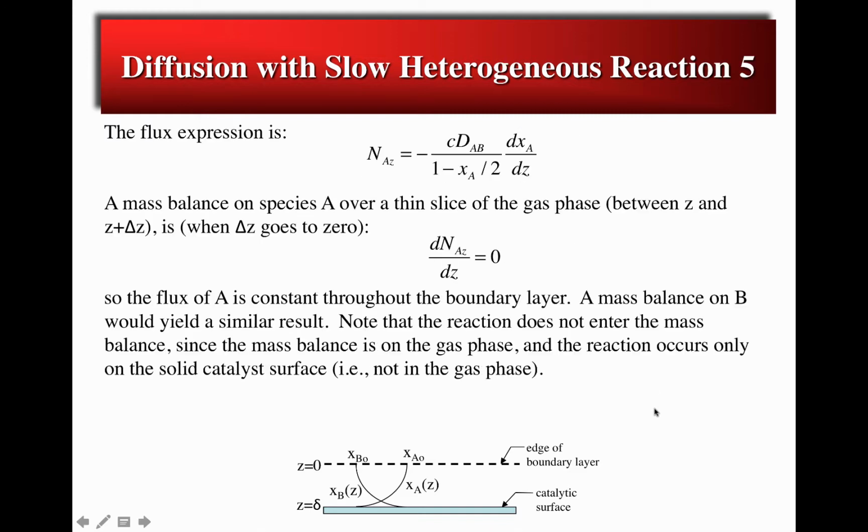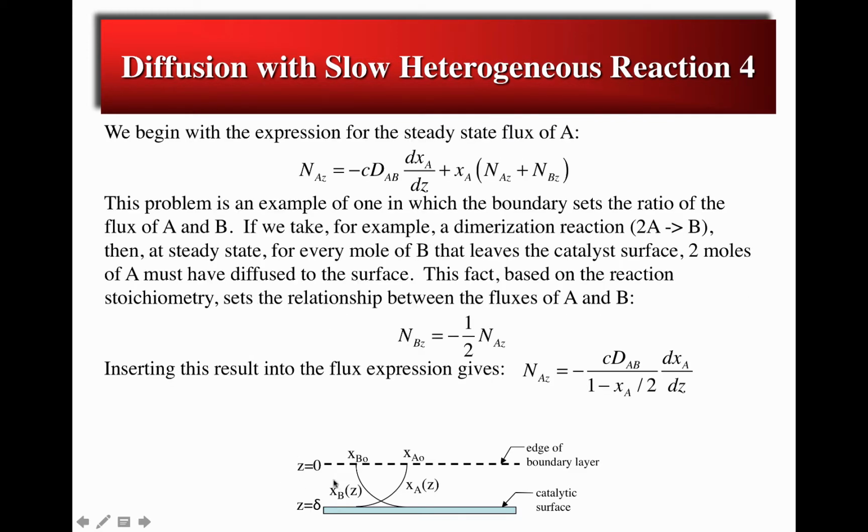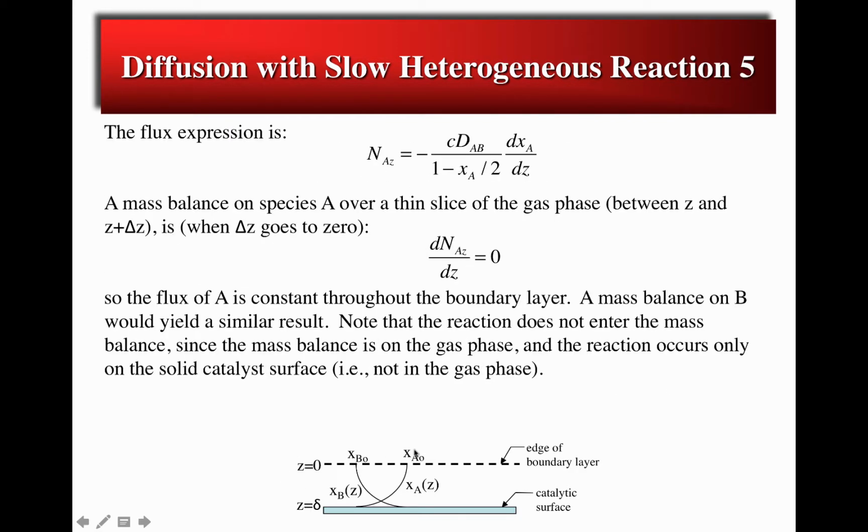as shown here. Now, in the gas phase, we can do a shell balance between Z and Z plus delta Z, somewhere in here in the gas phase. And what we would find is there's no chemical reaction in the gas phase. The reaction is occurring at the catalyst surface.